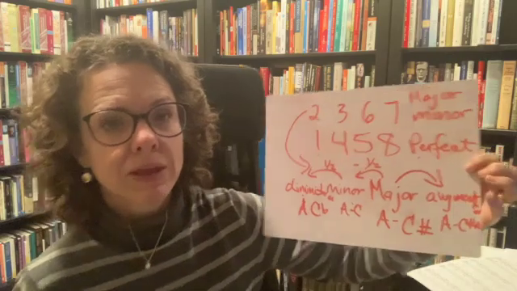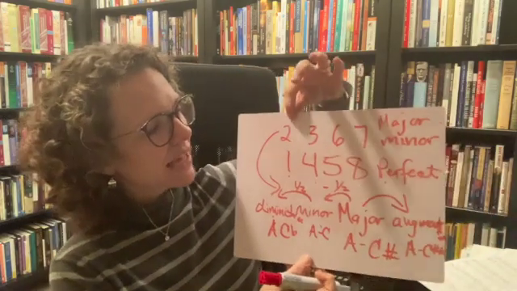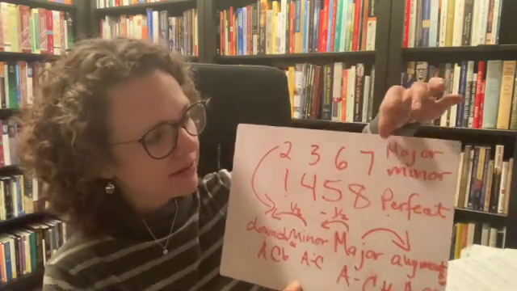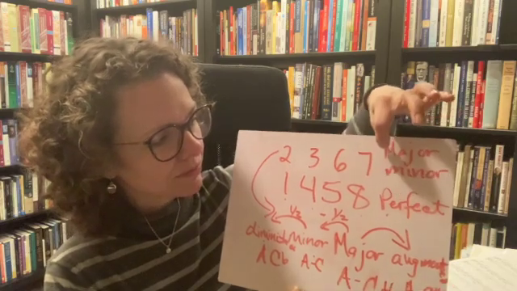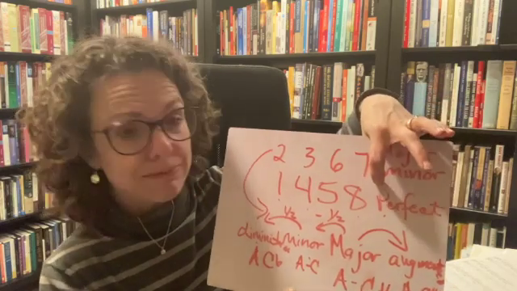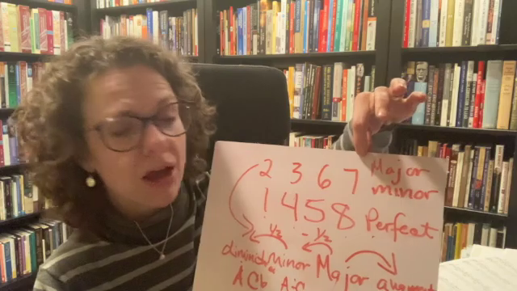So if it's a second, third, sixth, or seventh, it can be made major, minor, diminished, or augmented. If you were to augment your school curriculum, it means you would add something in. If your principal or teacher says we're going to augment this class, that means they're going to add something to it.